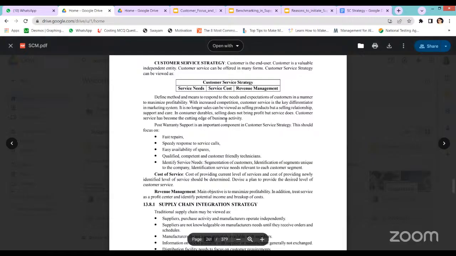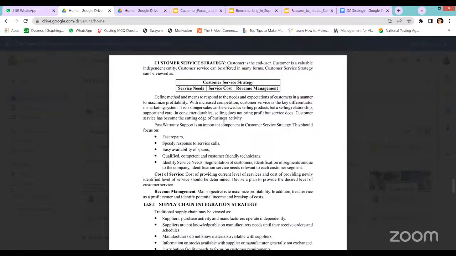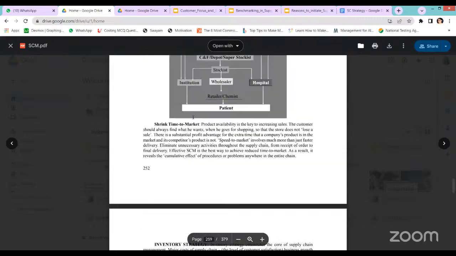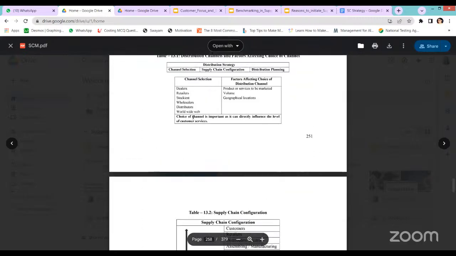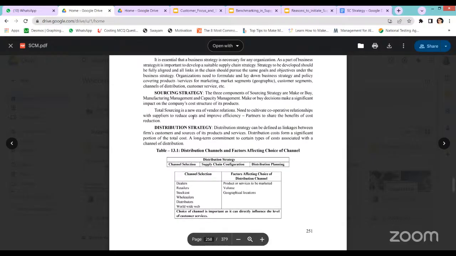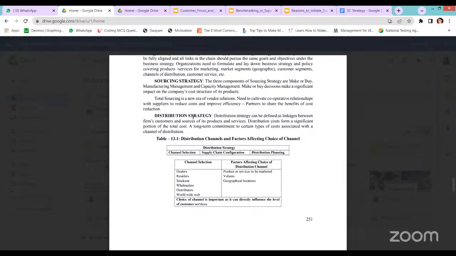Till now we have seen supplier and distribution. So what are the issues the supply chain will have with suppliers, distribution, inventory, and customers? With the supplier, you have seen various alliances. With issues relating to distribution, it follows two strategies and tries to overcome the issues.